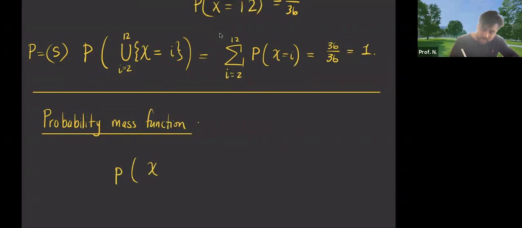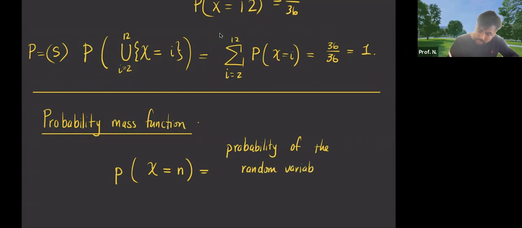It's the probability that a random variable equals a certain number. It's the probability of the random variable attaining the value of n, where n is a real number.